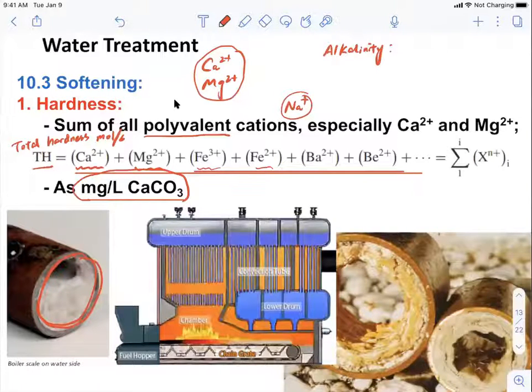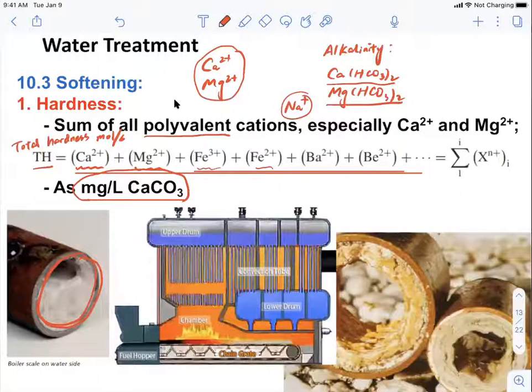But why are we using the equivalent mass again when we're talking about the hardness? I would say that this has a more engineering purpose. As we have talked about, this hardness is mainly because of calcium bicarbonate or magnesium bicarbonate, right? So people can measure the concentration of these bicarbonate ions.